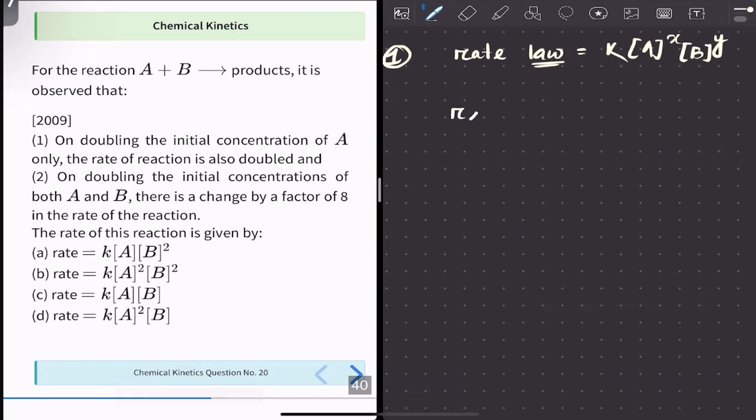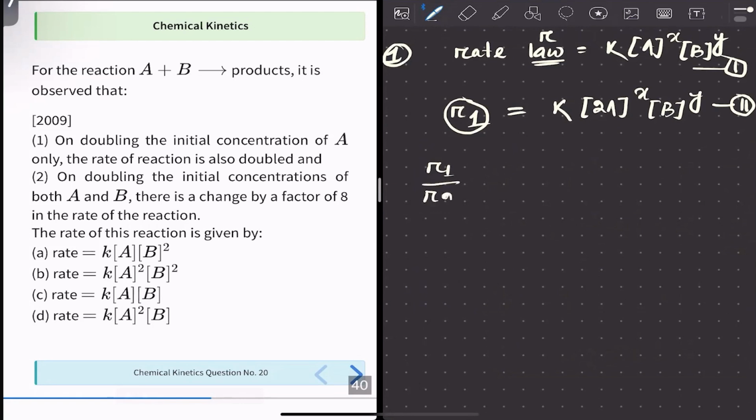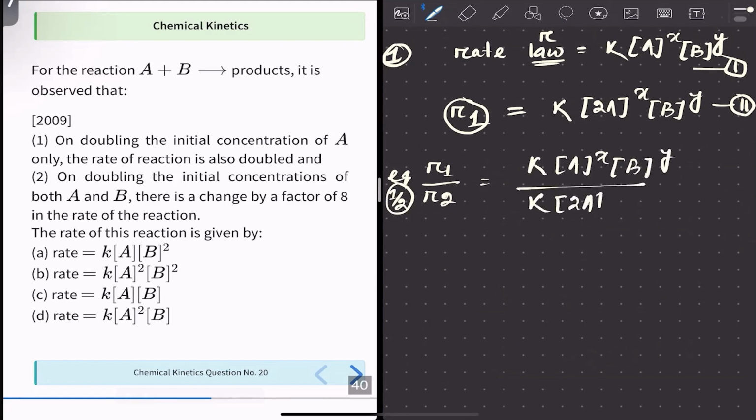The rate R1 is equal to K, 2A to the power X, B to the power Y. Let's call this equation 1, and the other equation 2. Let's divide equation 1 by equation 2, which gives R1 by R2 equal to K A^X B^Y divided by K 2A^X B^Y.